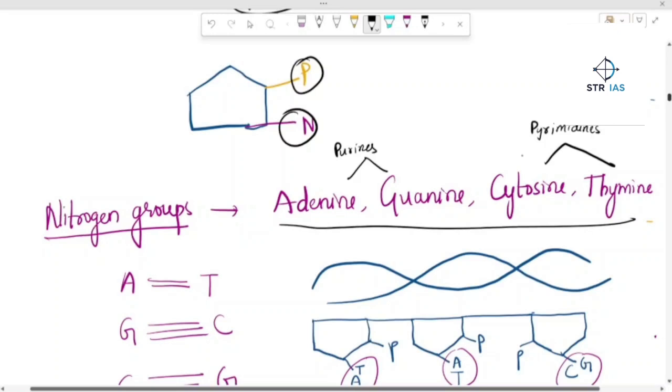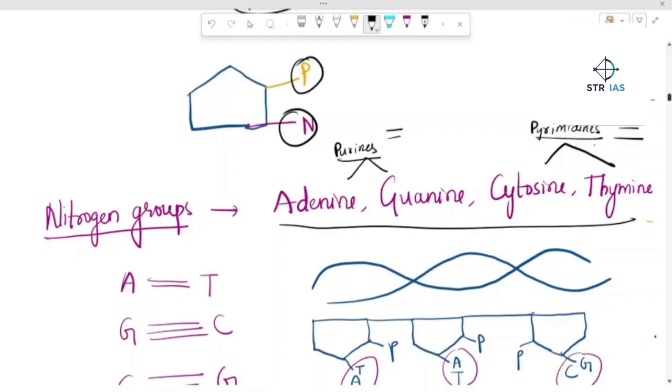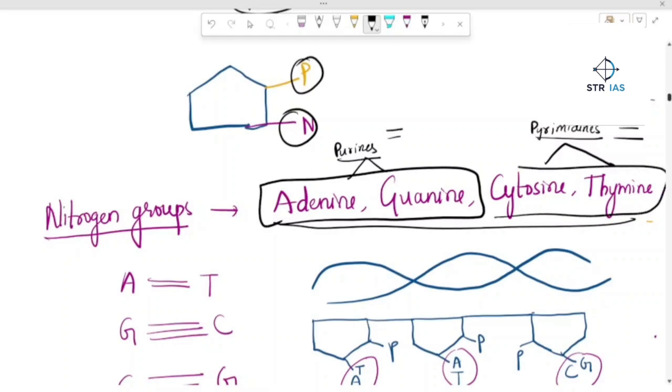One, called uracil, is there in RNA synthesis. There are 2 types, purines and pyrimidines. Purines are double bond, pyrimidines are triple bond. Adenine and guanine are purines, nothing but nitrogen groups. Cytosine, thymine and uracil are pyrimidines.